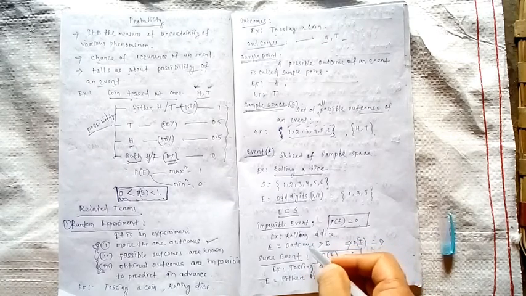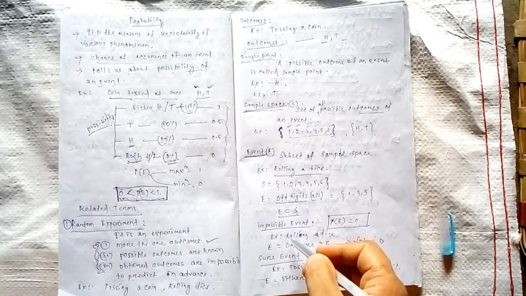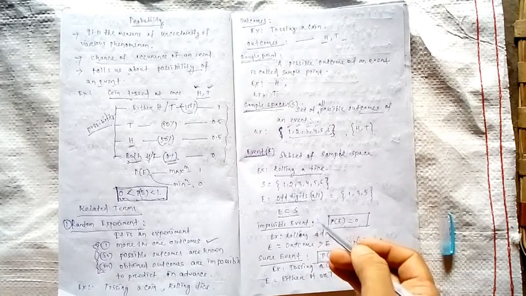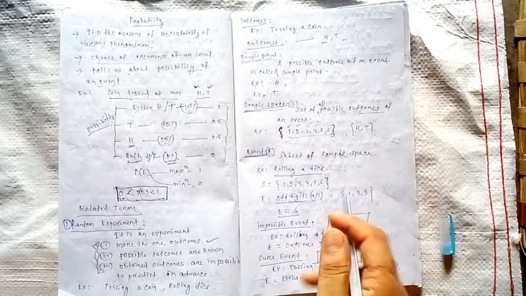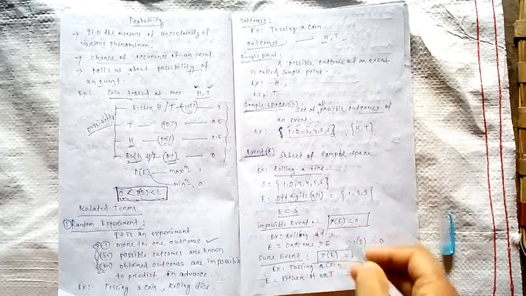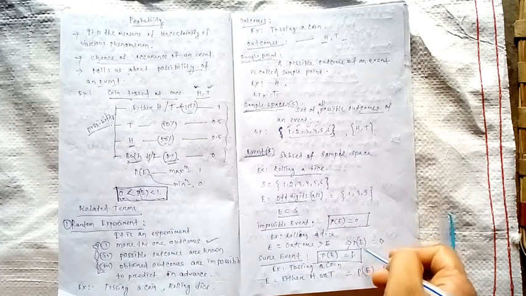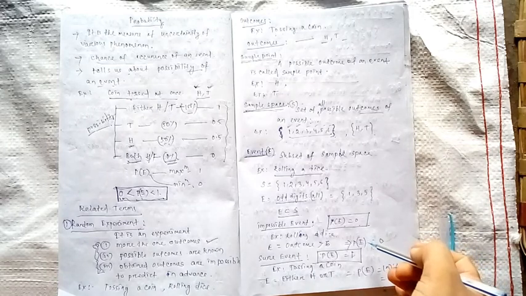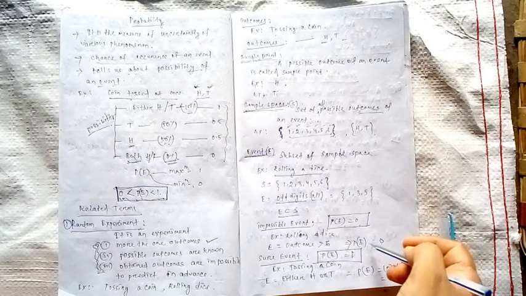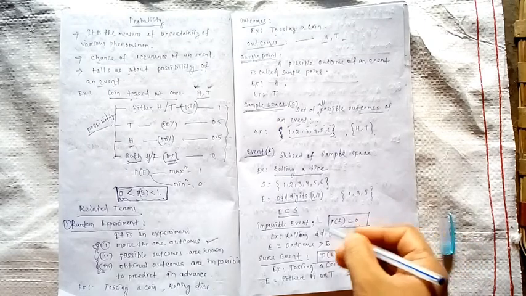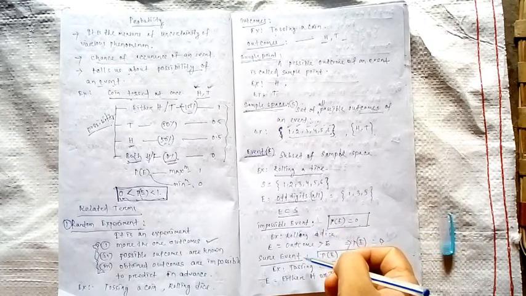Why? We see when a dice rolls, then possible outcomes are 1, 2, 3, 4, 5, 6. So outcome is never greater than 6. So probability of event is 0. So this is called impossible event.